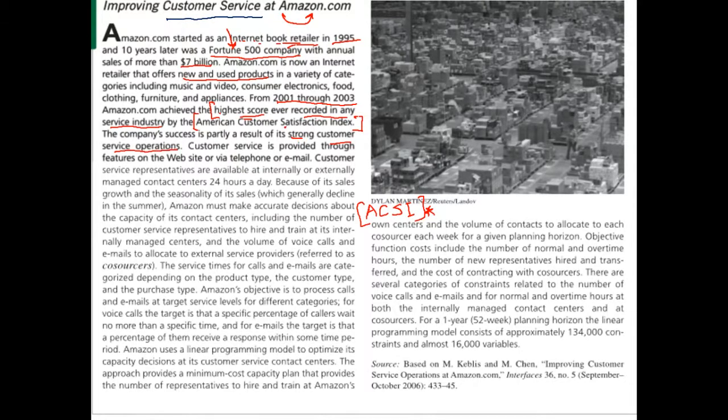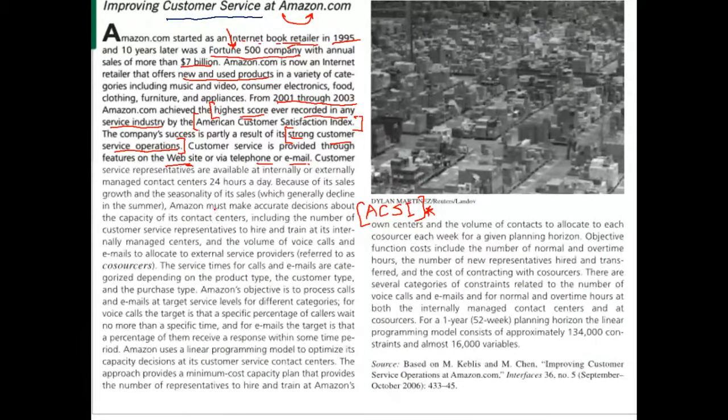So here comes the point of significance for us: we are gradually trying to understand how management science could have helped Amazon become the number one service provider in the world. The main reason Amazon became the biggest service provider was its strong customer service operations. Customer service is provided through features on the website, telephone, or email. These are the three channels by which customer service is provided.